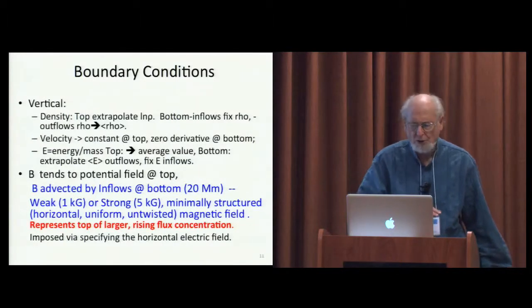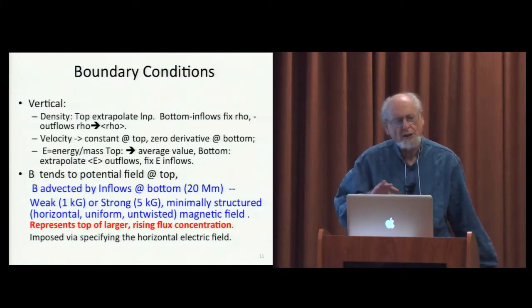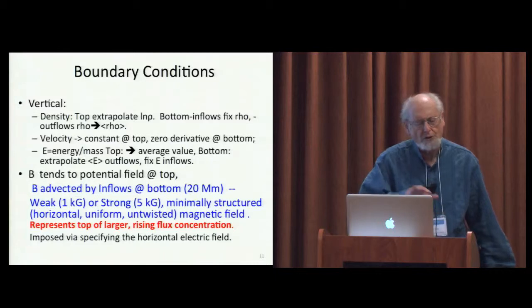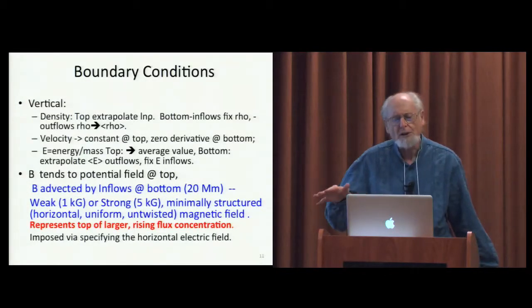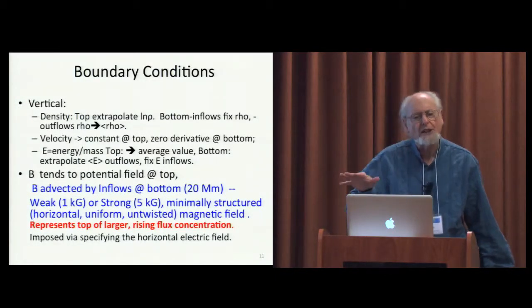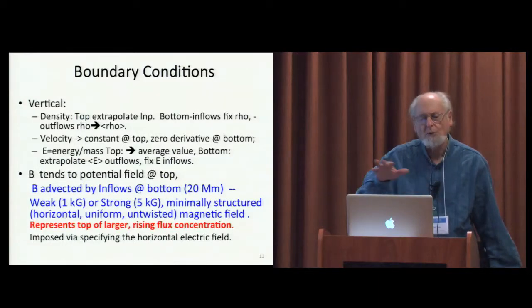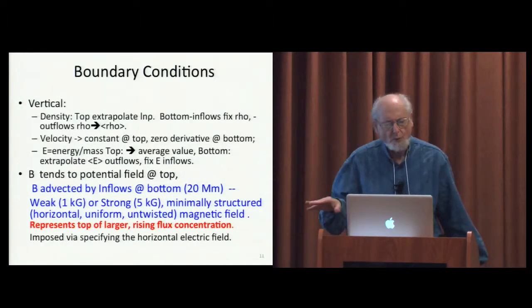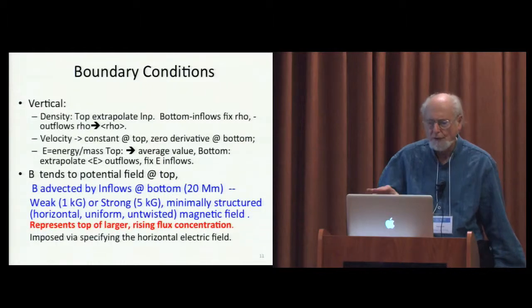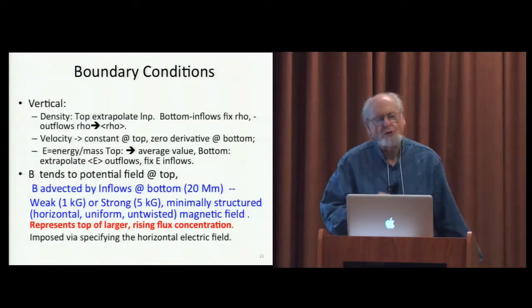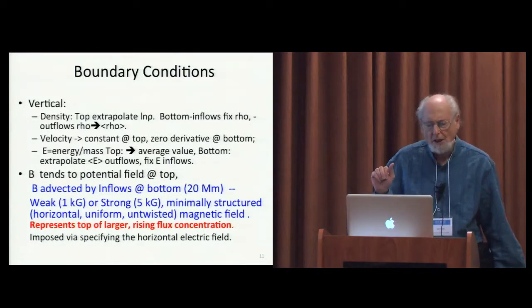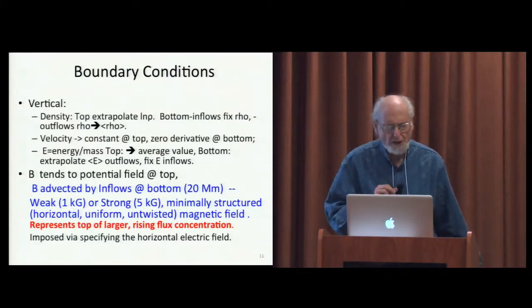And we're trying to model the horizontal field coming in to represent the large scale field that the global dynamo would produce. So we take the field to be horizontal and uniform and untwisted. We've looked at 2 cases so far, a weak field of 1 kilogauss and a stronger field of 5 kilogauss.